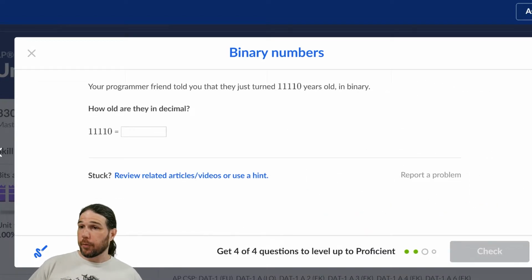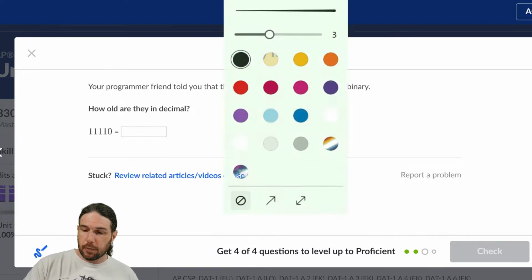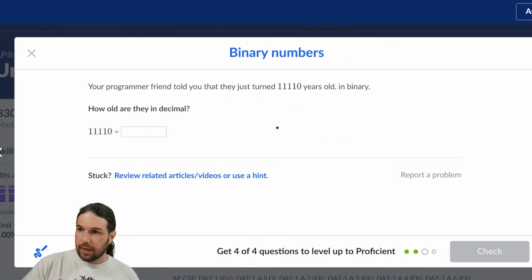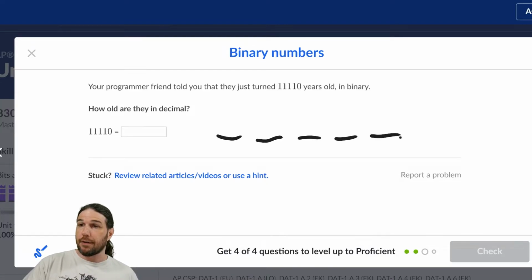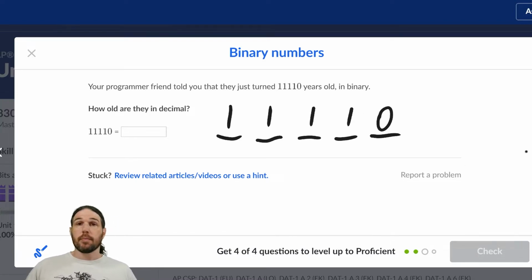Okay, problem 3. Your programmer friend told you that they just turned 11110 years old in binary. How old are they in decimal? This is a great chance to review. We're going to go ahead and make 1, 2, 3, 4, 5 placeholders, and we're going to fill in 11110. Excellent. Now, we've got a couple of ways that we can go about this.